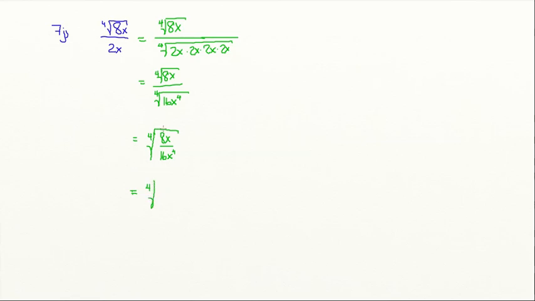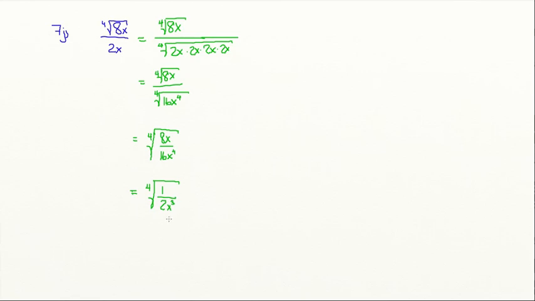Okay, let's reduce it. 8 over 16, that's the same as 1 over 2. X to the 1 and x to the 4th. 4 minus 1 is 3, or we can use the subtraction of exponents method. So we can write our answer as the fourth root of 1 over 2x cubed.